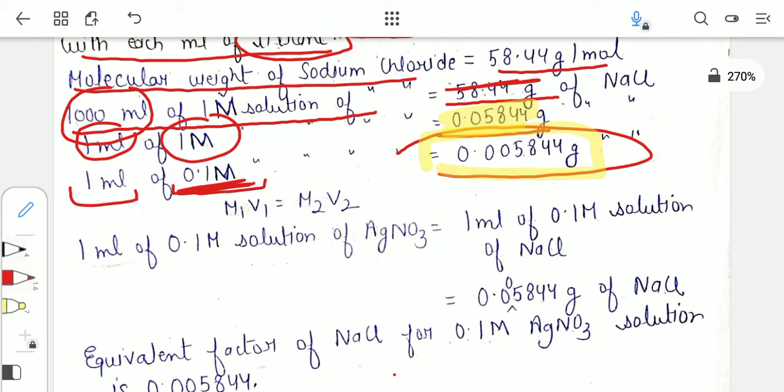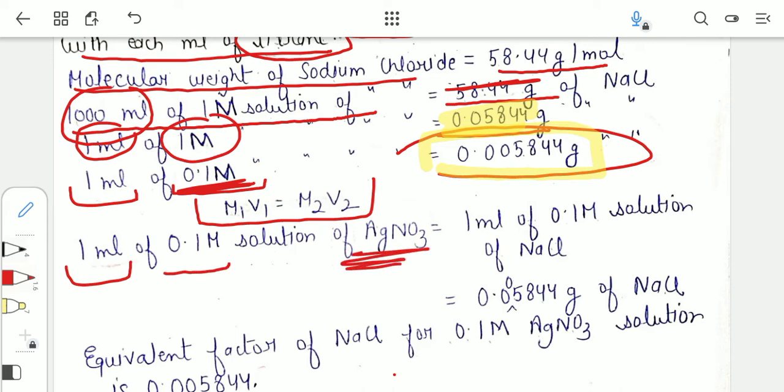Now by using the formula M1V1 = M2V2, we can say that 1 ml of 0.1 molar solution of silver nitrate will react with 1 ml of 0.1 molar solution of sodium chloride. This value we have already calculated above, which came out to be around this.